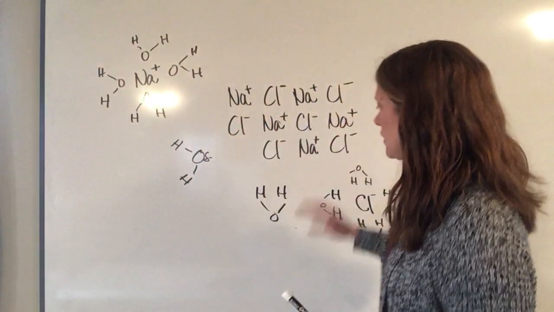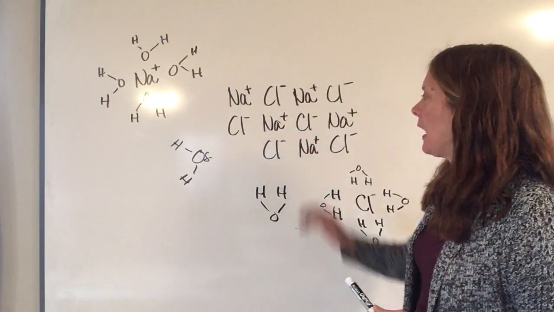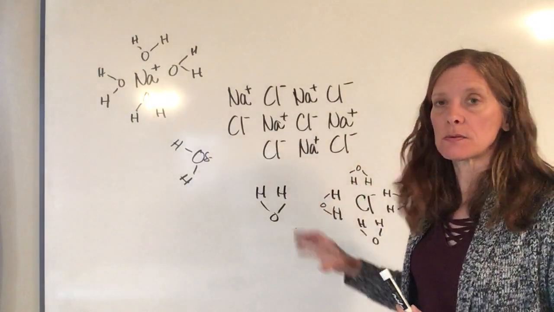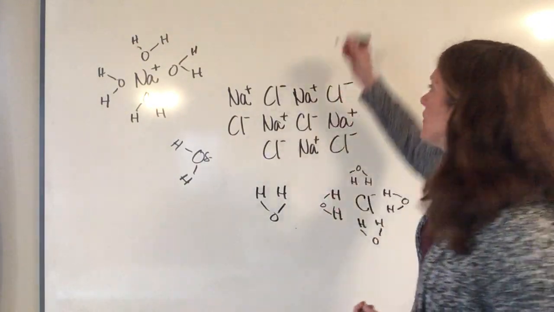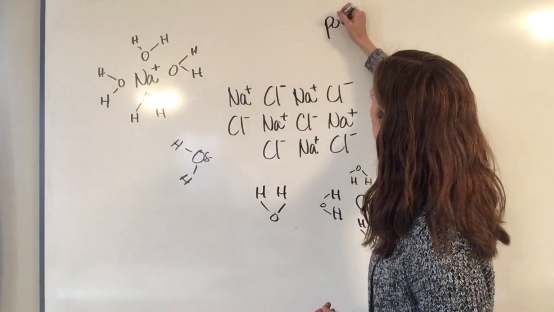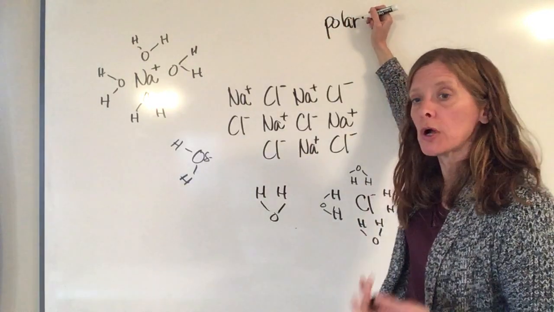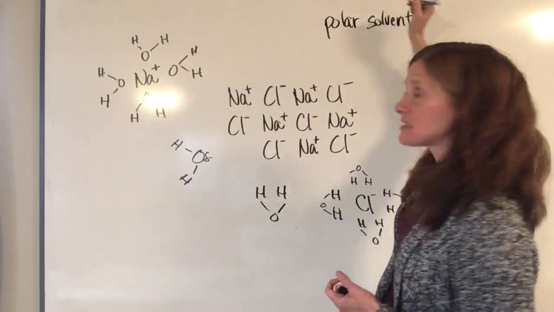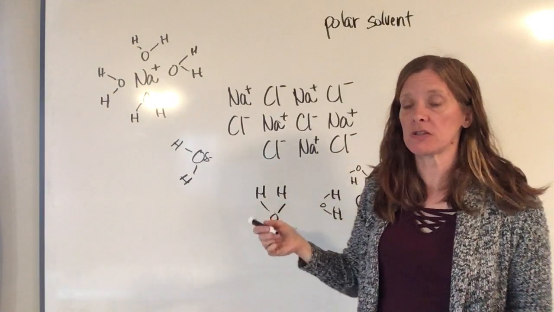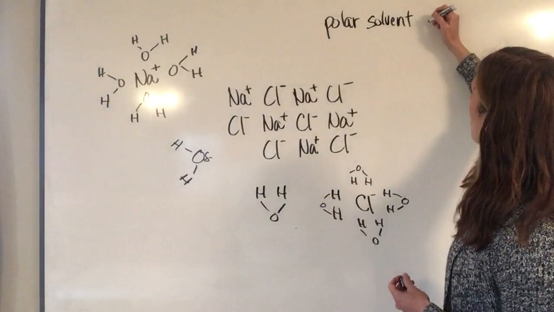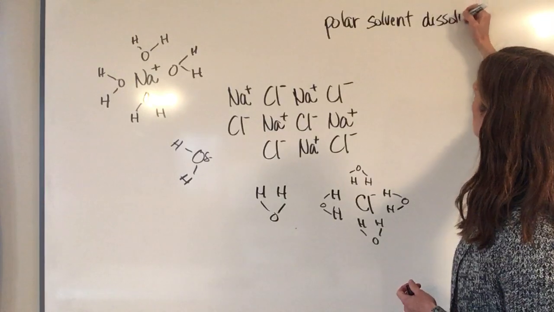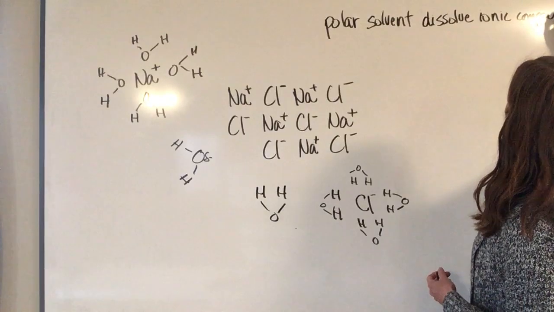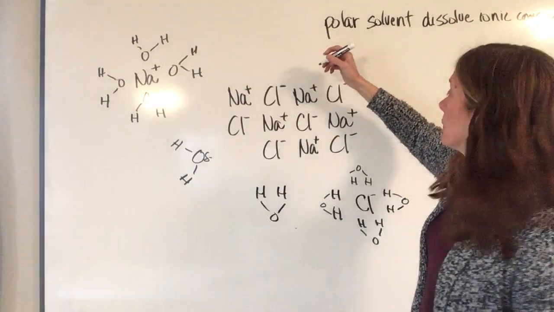So we said that water is a polar molecule, and we know that this is going to have an ionic bond in it, and because these charges are attracting each other, what that means is that if I have something that's polar like water, a polar solvent, the thing that does the dissolving, the solvent, so water would be the solvent, the polar solvent will dissolve an ionic compound like salt.